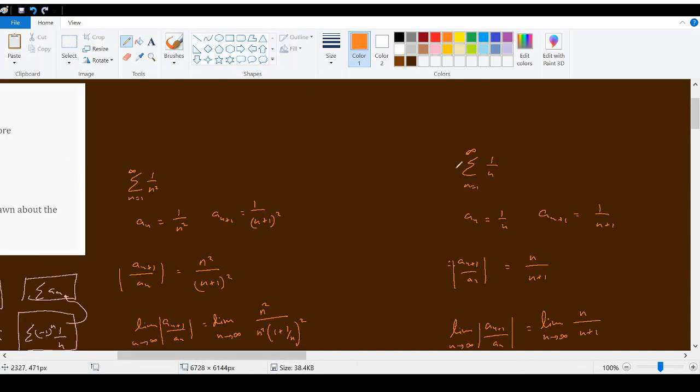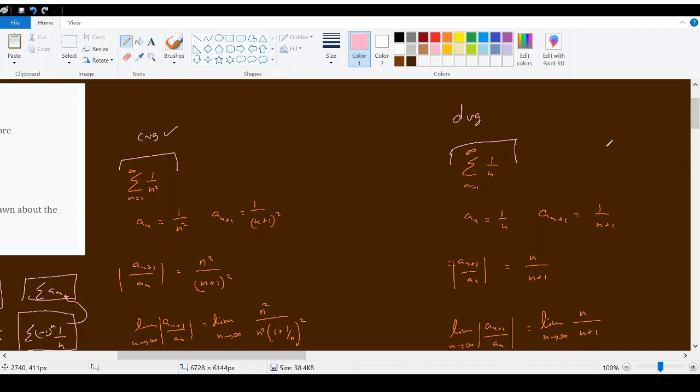Okay, let's consider these two series. Now here, this is a converging series, and we know that from the p-series test. And this one, since this is the harmonic series, diverges.